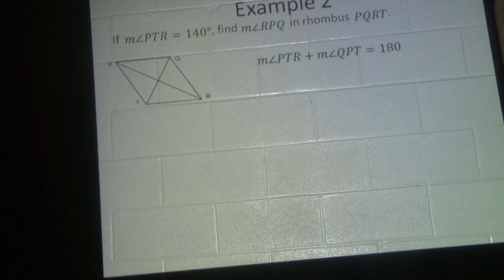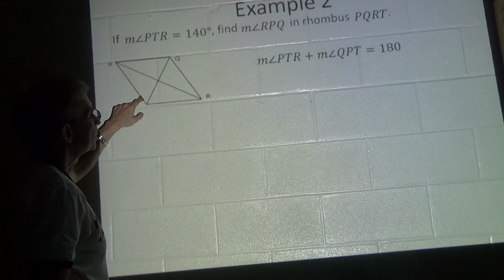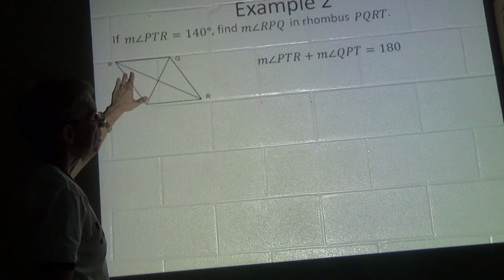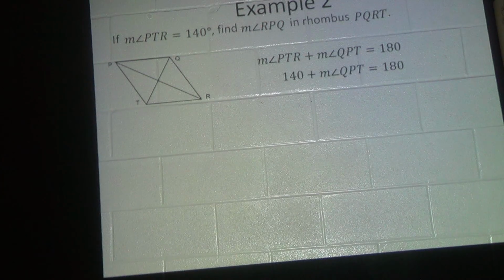So the measure of angle PTR plus the measure of angle QPT equals 180. That's because this big angle and this big angle are supplementary, because they're consecutive angle pairs. So that gives us 140 plus the measure of angle QPT is equal to 180.